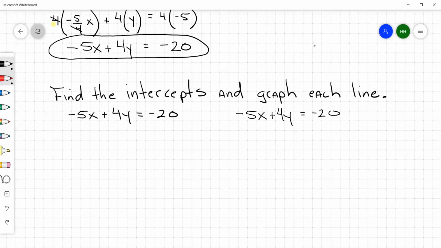So in this first equation, just scratch out the y. Just get rid of it. And in the second equation, just get rid of the x. Scratch it out. And now solve what you have left. If negative 5x equals negative 20, and you divide by negative 5, then x equals 4.